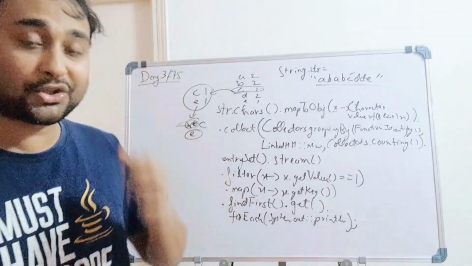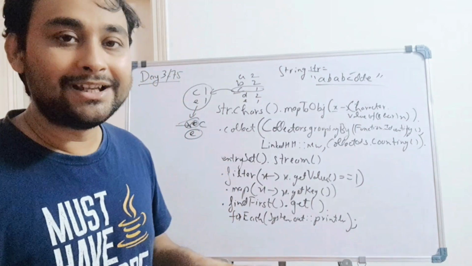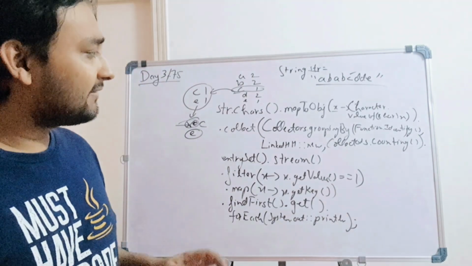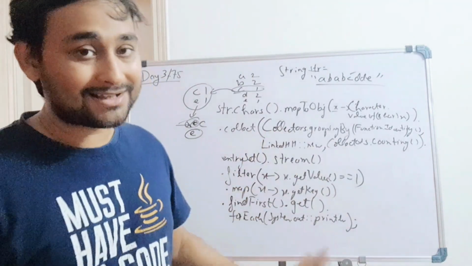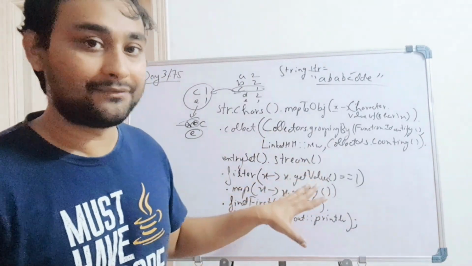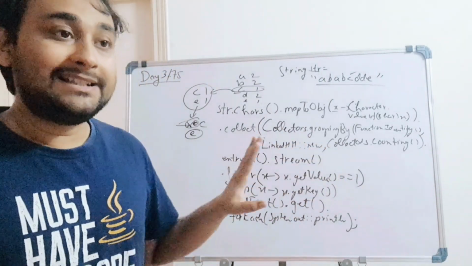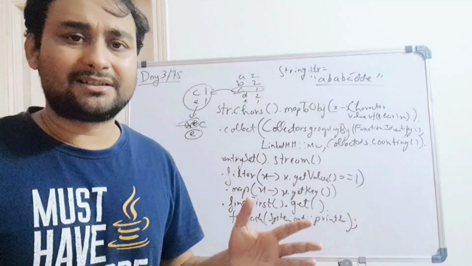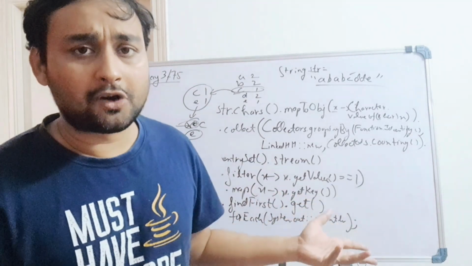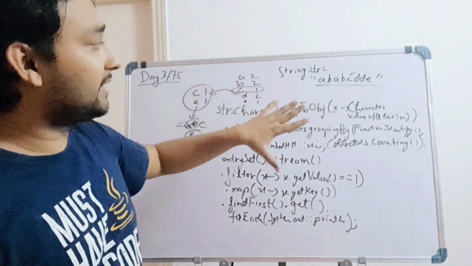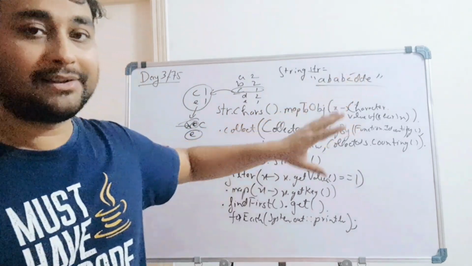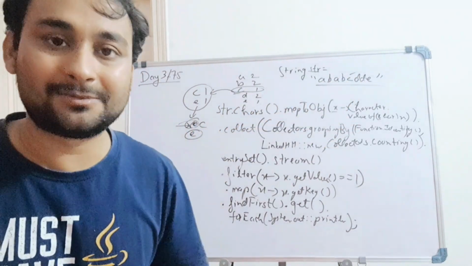This is a very important question, and it has been asked in most of the interviews. All service-based and most product-based companies also ask this question to implement in the interview. Please tell me how to implement that. This question can be solved in many ways. You can make use of two for loops, so it will iterate over each and every character, so O of n square time complexity will be there.